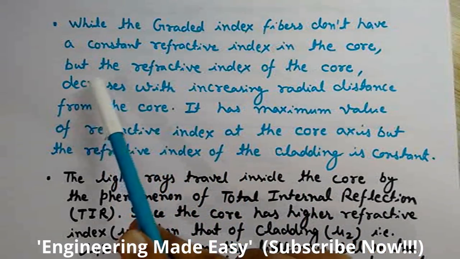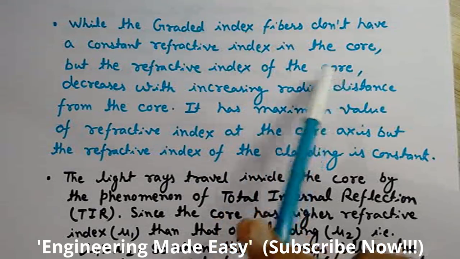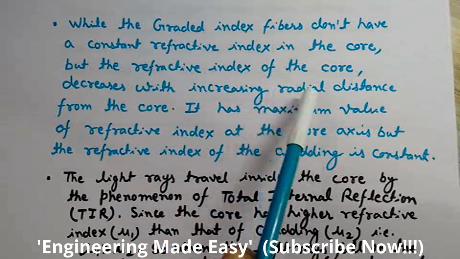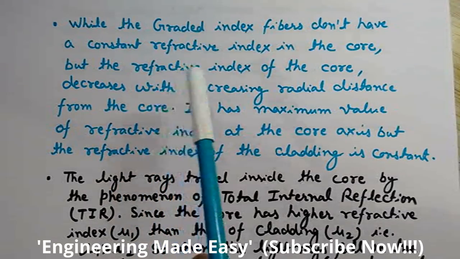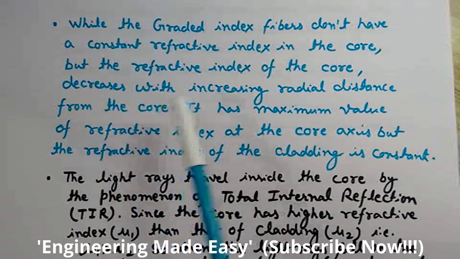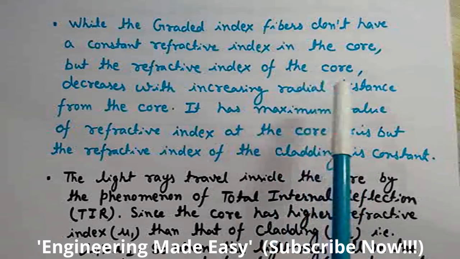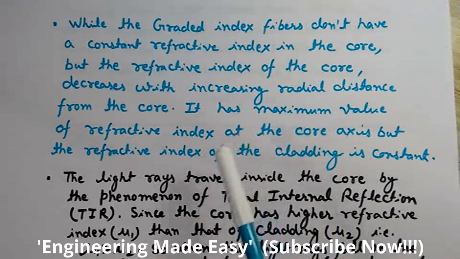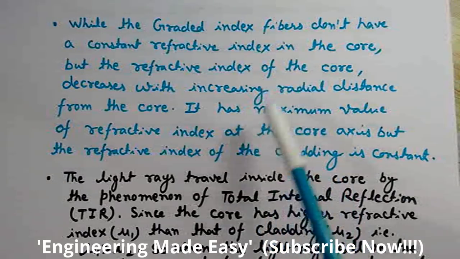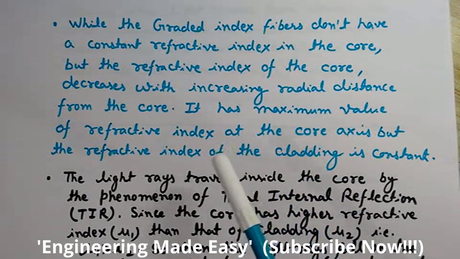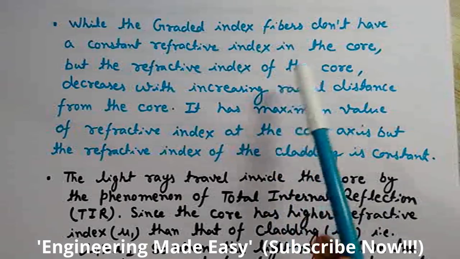How does it vary? The refractive index of the core decreases with increasing radial distance from the core axis. As we move radially outward towards the cladding outer surface, it slowly goes down.